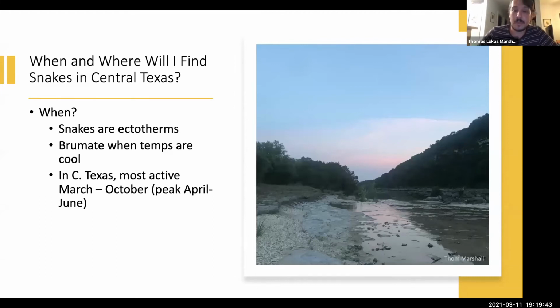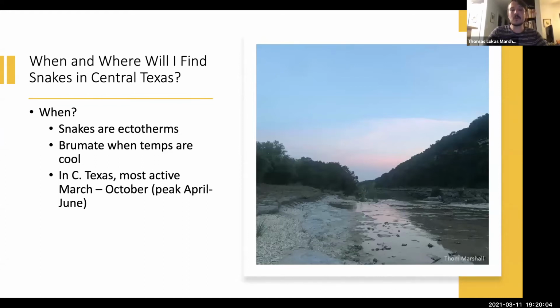In Central Texas, the most common time to see snakes, the peak activity, is from March through October. And the most abundant time to see them out moving is coming up pretty soon, from April to June. This is when it's warm and when there's some moisture. We get some rainfall during those months. And it's a great time for them to be out looking for food and looking for mates.